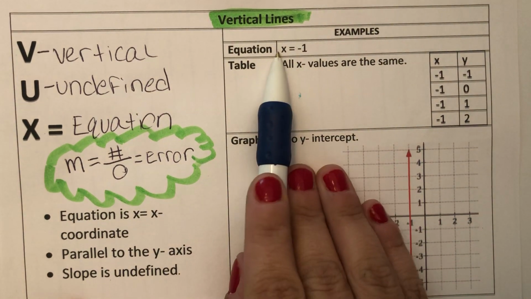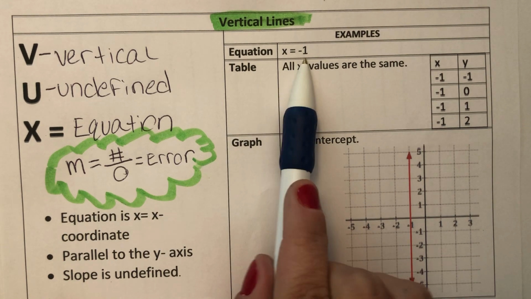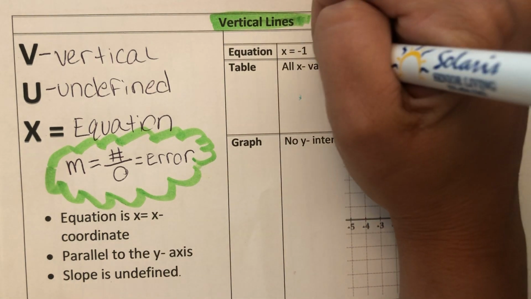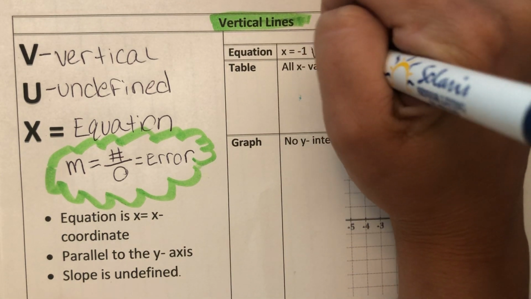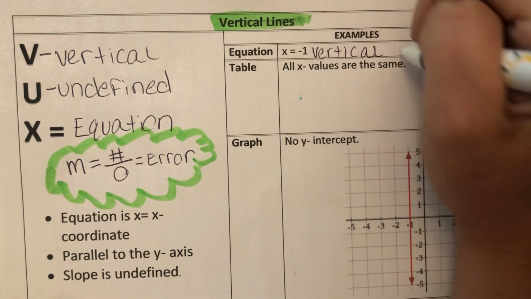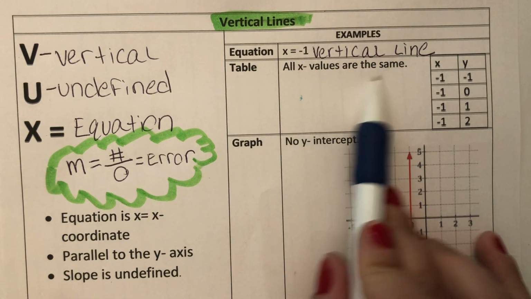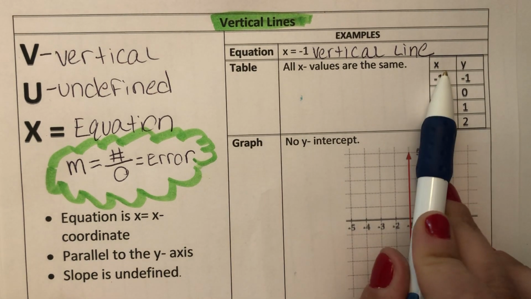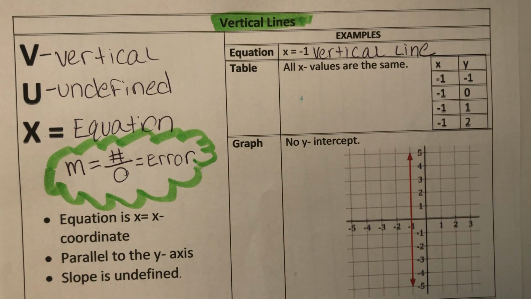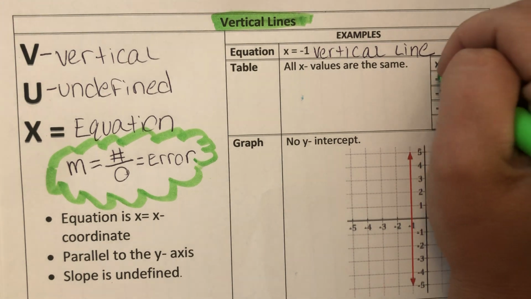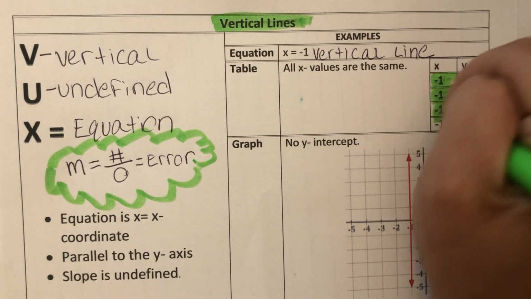Okay, so we have an example over here that shows us the different ways that this could be represented. First, we have the equation. It's x equals -1. So we know that this is a vertical line. In our table, all the x values are the same. All of our x values are the same because there is no horizontal change.